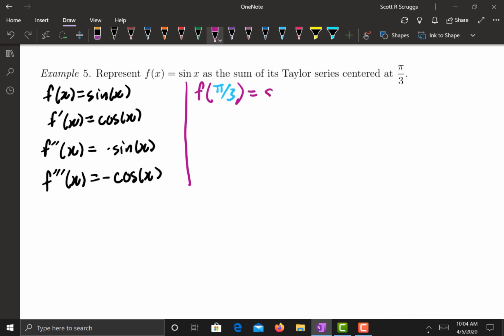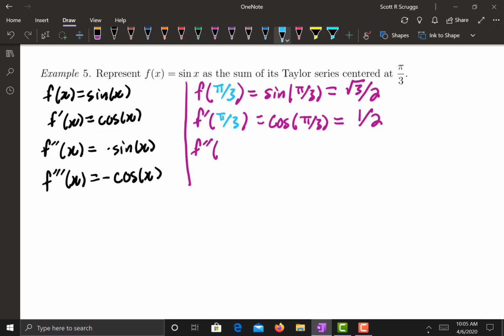Which means I'm going to evaluate sine at pi over 3, which is root 3 over 2. First derivative at pi over 3, that's going to be cosine of pi over 3, which is 1/2.